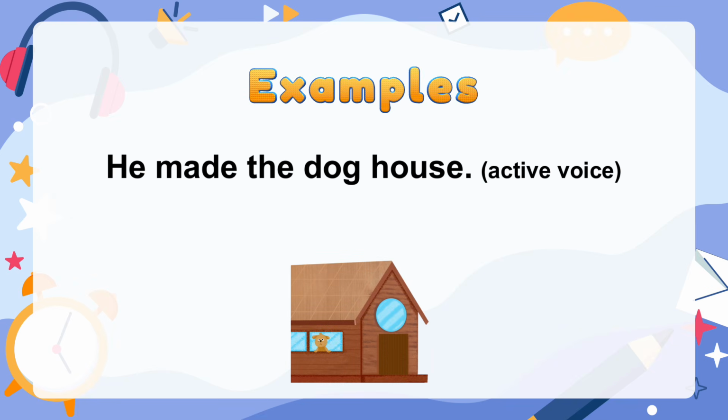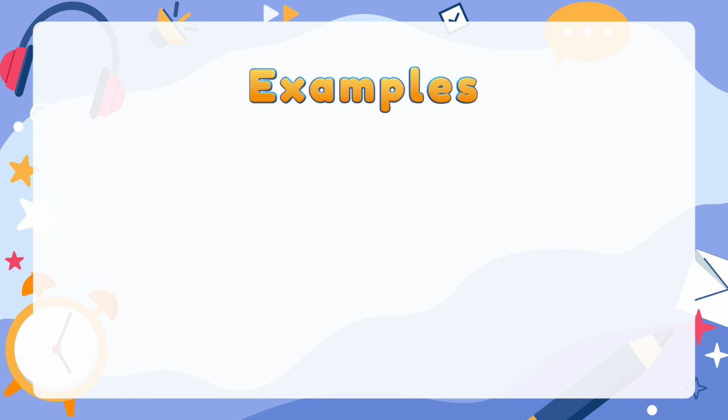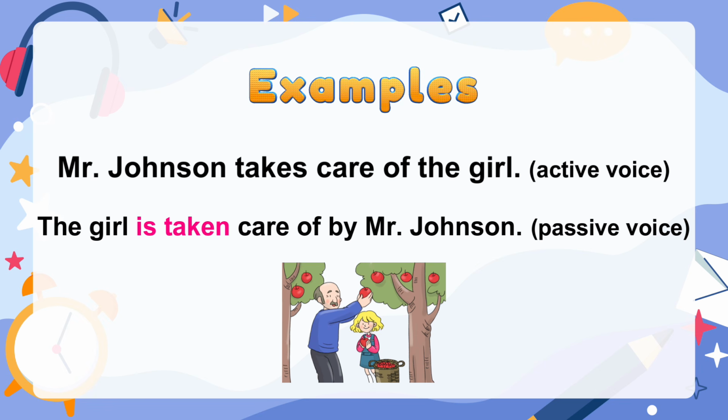He made the doghouse. Passive voice. The doghouse was made by him. Active voice. Mr. Johnson takes care of the girl. Passive voice. The girl is taken care of by Mr. Johnson.